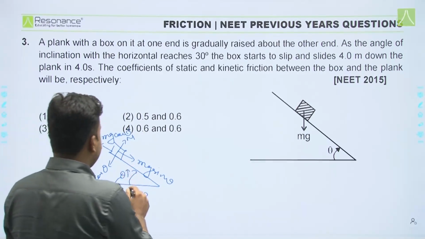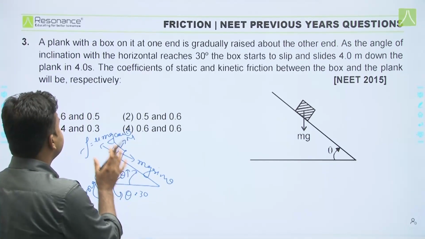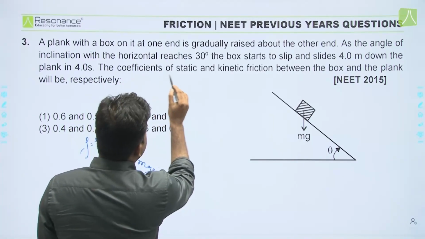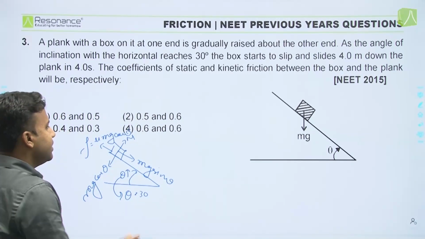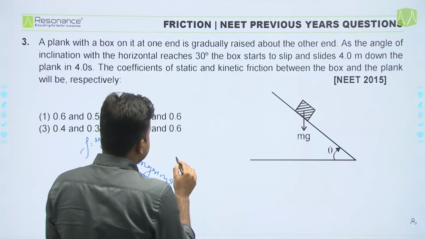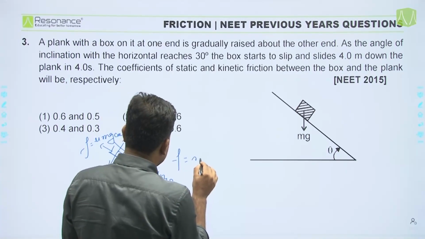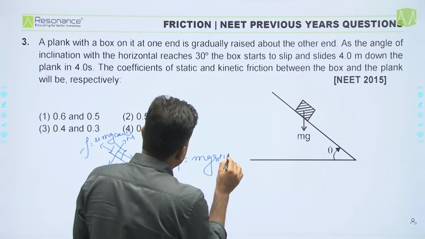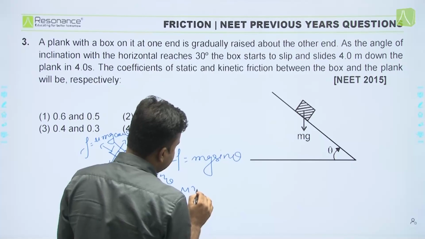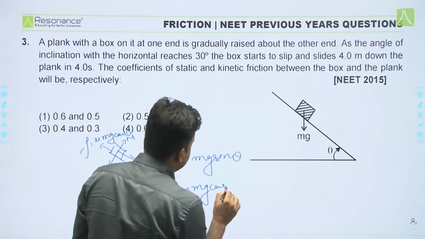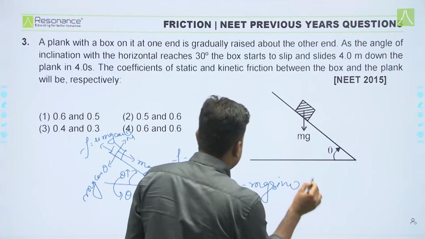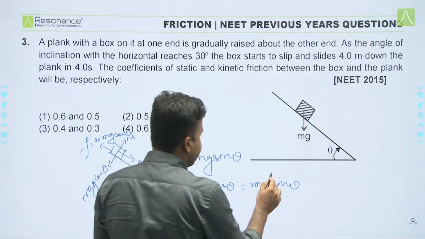It means at 30 degrees, if you want to calculate the value of mu, the static coefficient of friction, we can write F is equal to mg sin theta. Now F is mu mg cos theta, which is equal to mg sin theta. mg cancels out.